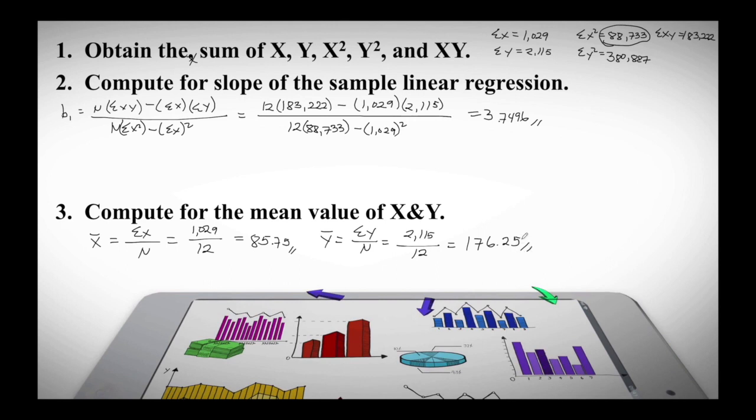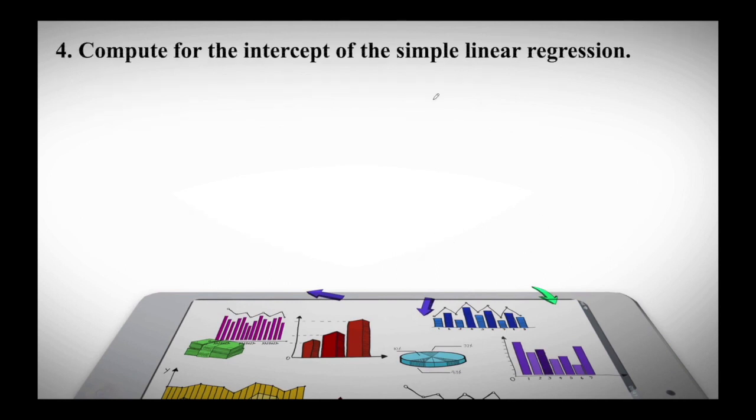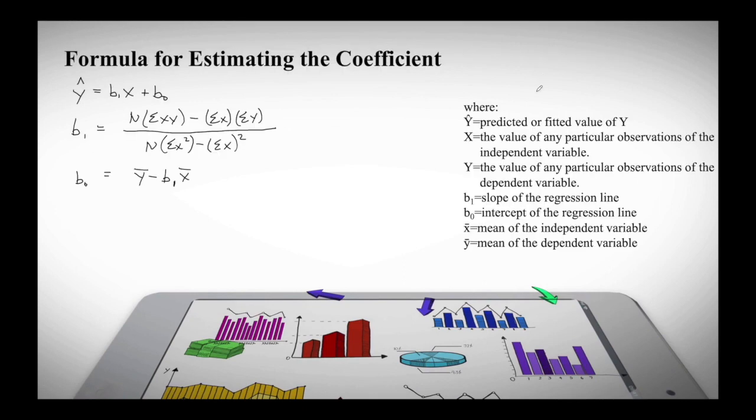So, next step natin is we should now compute for the intercept of the simple linear regression. Guys, para hindi kayo mawawala sa focus, ang goal po natin is magawa natin yung corresponding na equation dito. Yung anong katumbas ng number ng b sub 1, b sub 0.